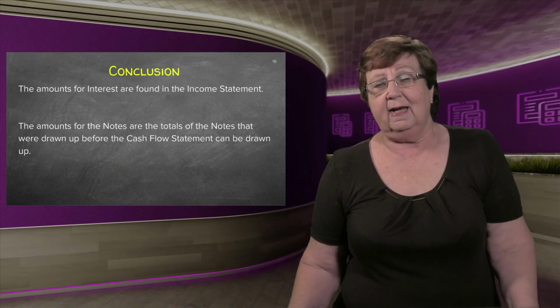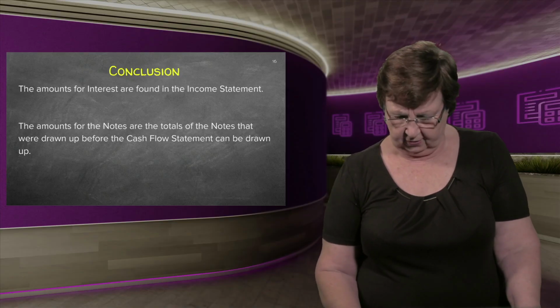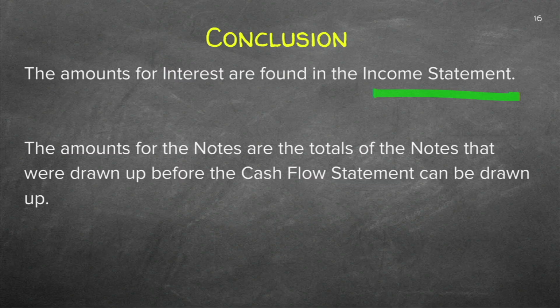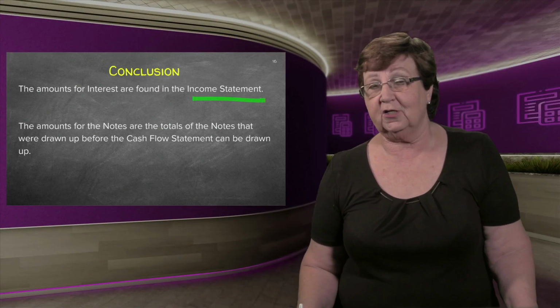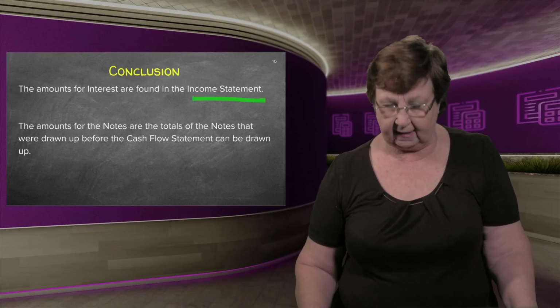So again, I'm just revising. The amounts for interest are found in the income statement, and the amounts for the notes are the totals of the notes that were drawn up before the cash flow statement was drawn up. So you know that we always draw up notes before we draw up a document such as a balance sheet or the cash flow statement.